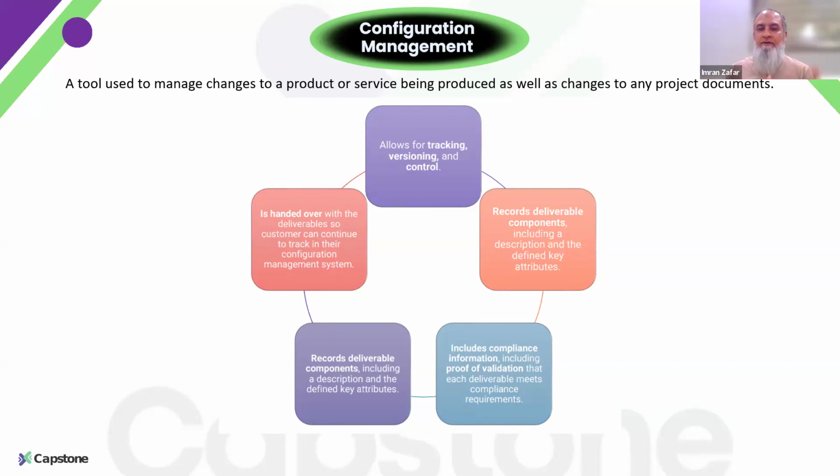So to retrieve the latest version, there has to be some configuration related things agreed upon, what the version number is, how the version numbering will work, so that you can track the latest document. So this is what configuration management is all about.